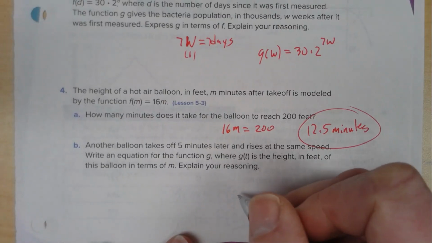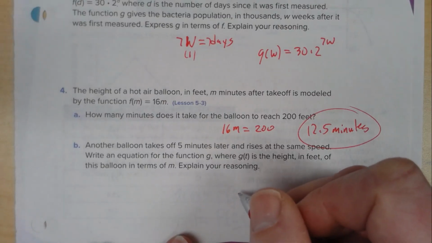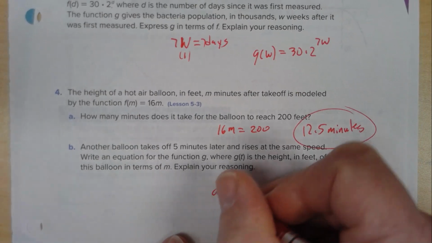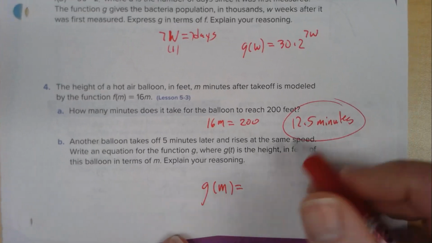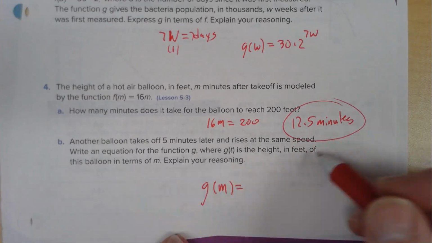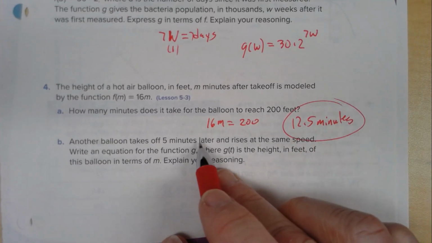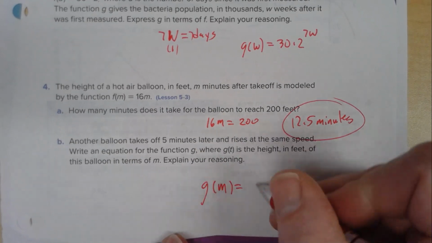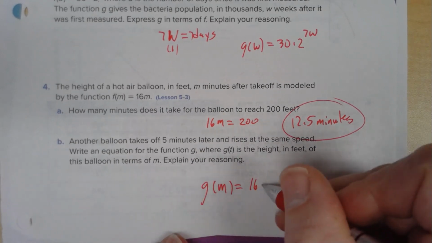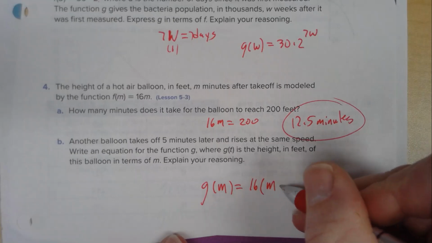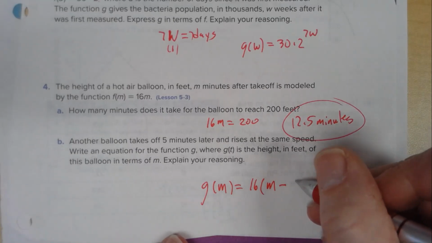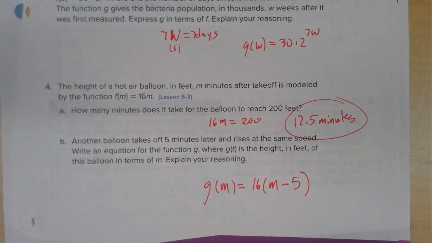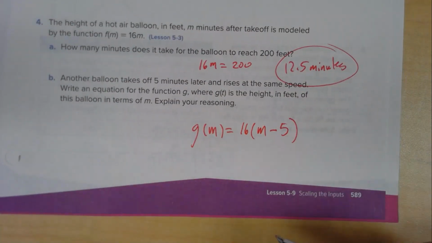So we have G of m is equal to, we're shifting it 5 minutes later, so that means the graph's going to move 5 minutes to the left. So it'll be 16 times m minus 5. So it's just 5 minutes later.